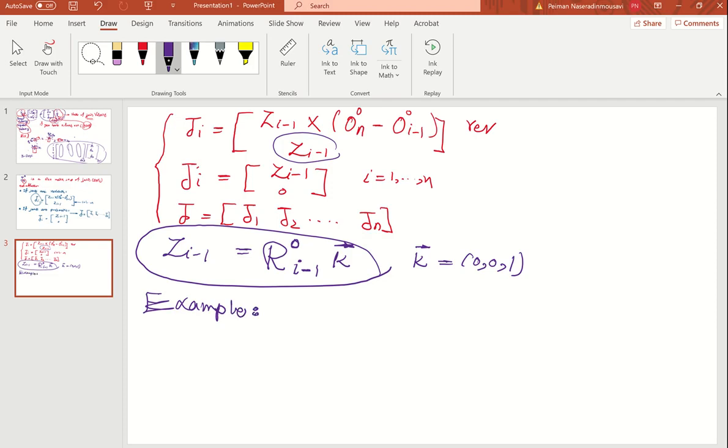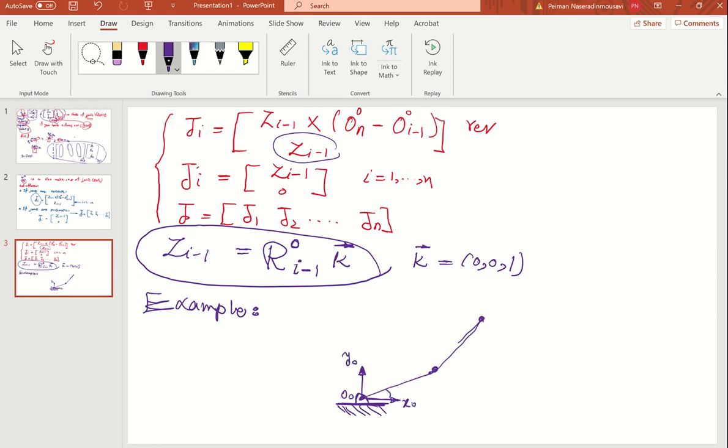Example: suppose you have this robot, a 2 degree of freedom robot, that has 2 joints. Let me plot it. So here we go. This is one joint, this is another joint. You set up your base or reference coordinate system, O naught, X naught, and Y naught.